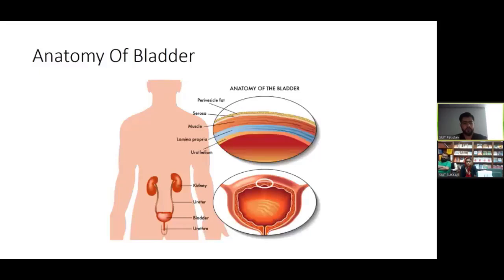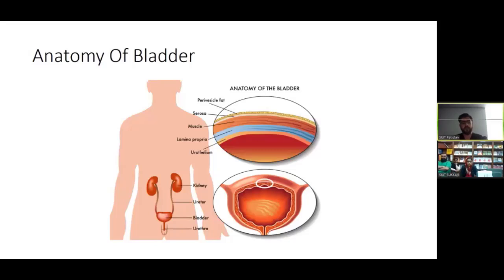Just a word on anatomy of the bladder. The bladder is a hollow organ that lies in the lower abdomen, sort of a reservoir for urine until you are in a socially acceptable place to void. It is lined with a specialized epithelial lining known as the urothelial lining, which accommodates urine under pressure.